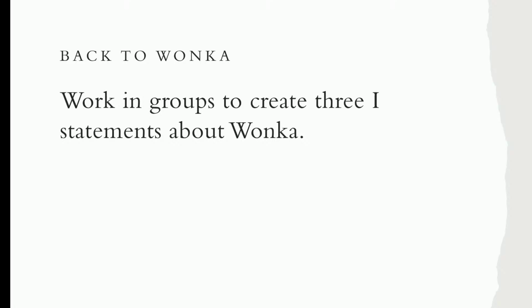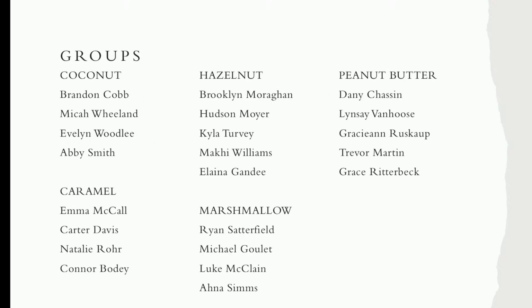What lessons is Wonka teaching us about life? So 3 I statements. Here are your groups. I've named them all after flavorings for chocolates. You might be in the coconut group or the caramel group. So find your group and then come up with 3 I statements.